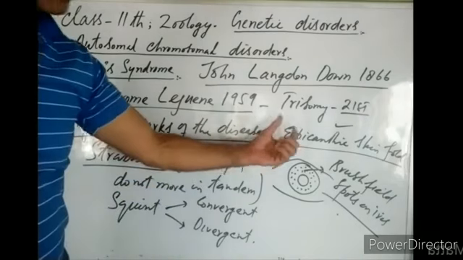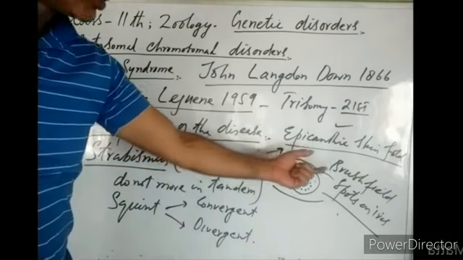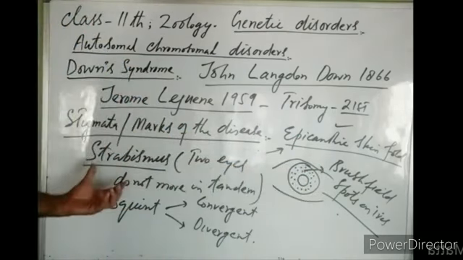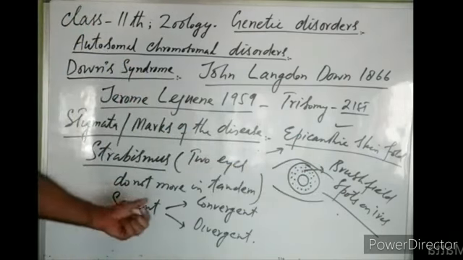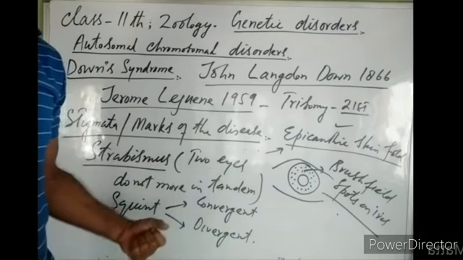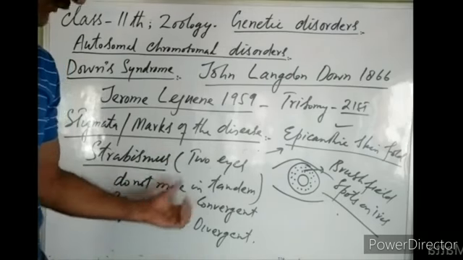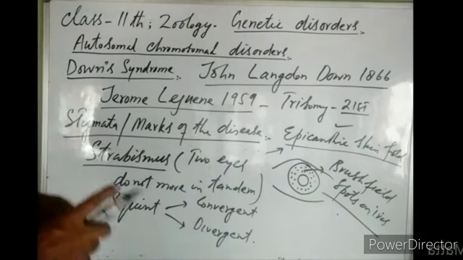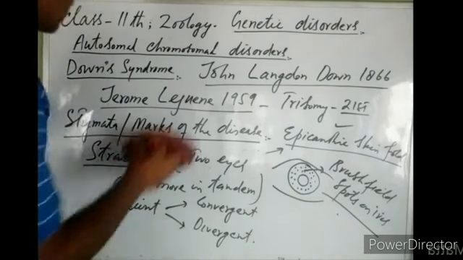So they may show the epicanthic skin fold, Brushfield spots on the iris, and strabismus, with the two eyes not moving in tandem. They may suffer from convergent or divergent squint, right? They also have a flat nasal bridge.